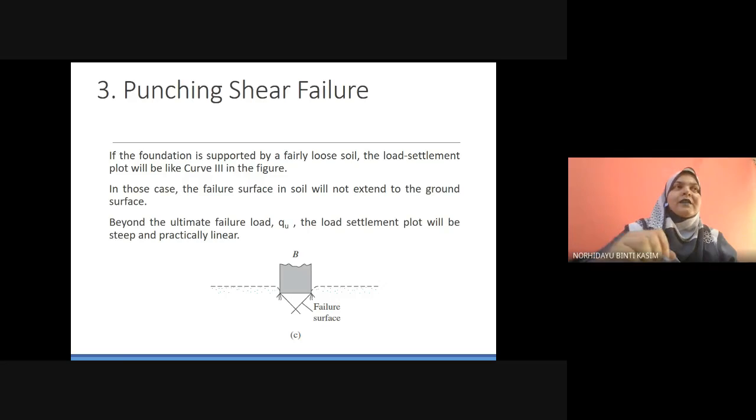Usually this is the column punching through the slab. That's why when you design your pile cap, you have to check for the punching shear.